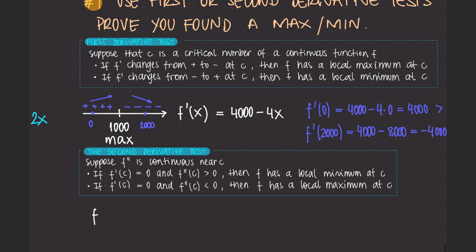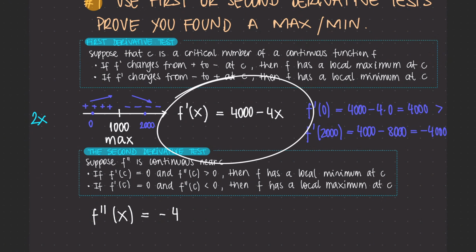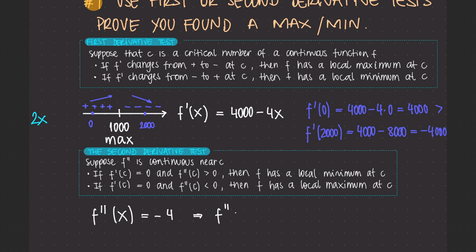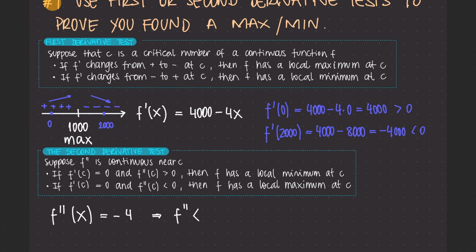Now, as you can see, the first thing we need to find is the second derivative, which in this case is just -4, the derivative of the derivative. And it is a constant value, so it's not really a function of x. It doesn't matter which x value we're talking about, the second derivative is always going to be a negative number, -4 in this case.